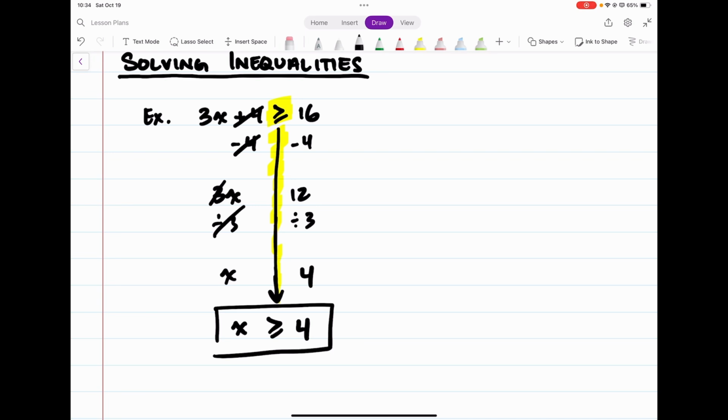So if we want 3x plus 4 to be greater than or equal to 16, then we know that the number has to be greater than or equal to 4. This actually makes sense if you try to plug it in. Sometimes I like to just think of one number that's greater than 4, let's try 5, right? If I plug 5 into the top, 3x plus 4 becomes 15 plus 4, which is 19. Is 19 greater than 16?